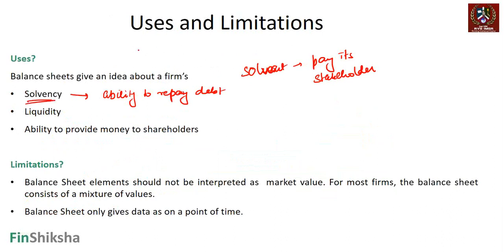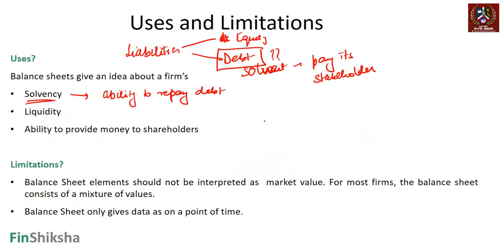Solvency is available because it tells us how much of the liabilities. We can look at the liabilities, and liabilities are going to get constructed by the equity and the debt. So it tells us how much is the debt component of the overall liabilities. Are the assets enough for the firm to be able to repay all the liabilities?